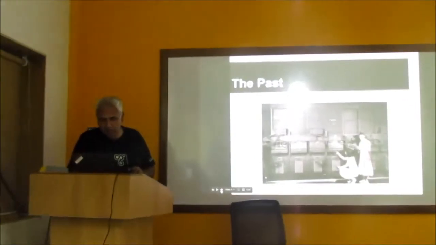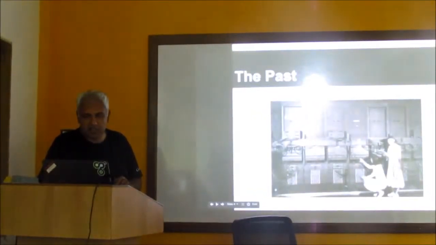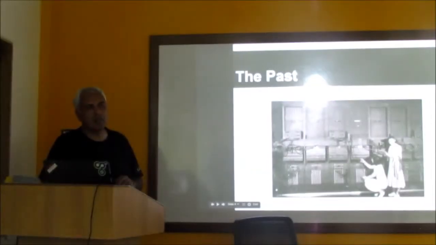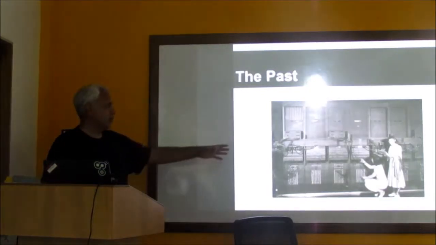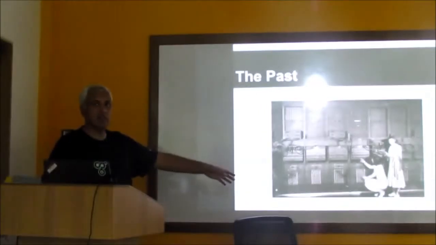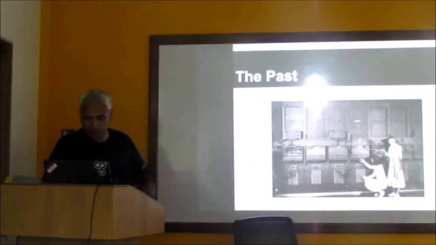So the past. You might have seen pictures like this, going back to probably the 40s and 50s. The computing horsepower here is much less than what you have on your desktops or your phone. They were huge.